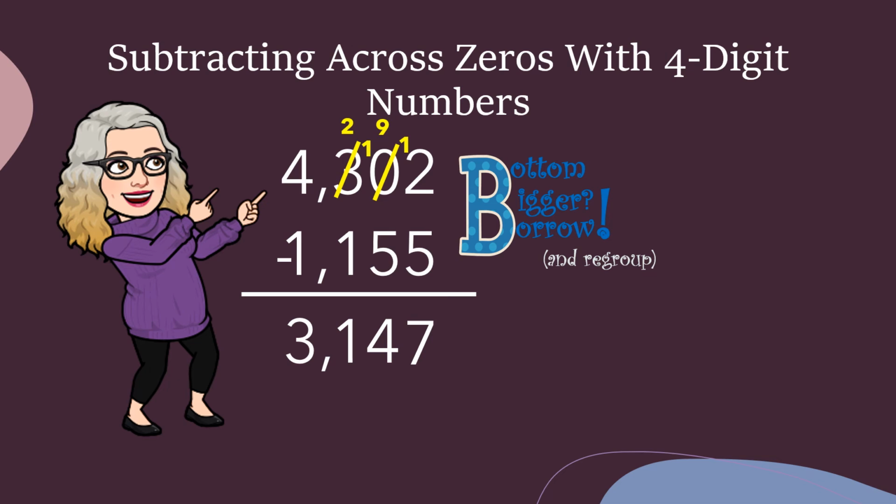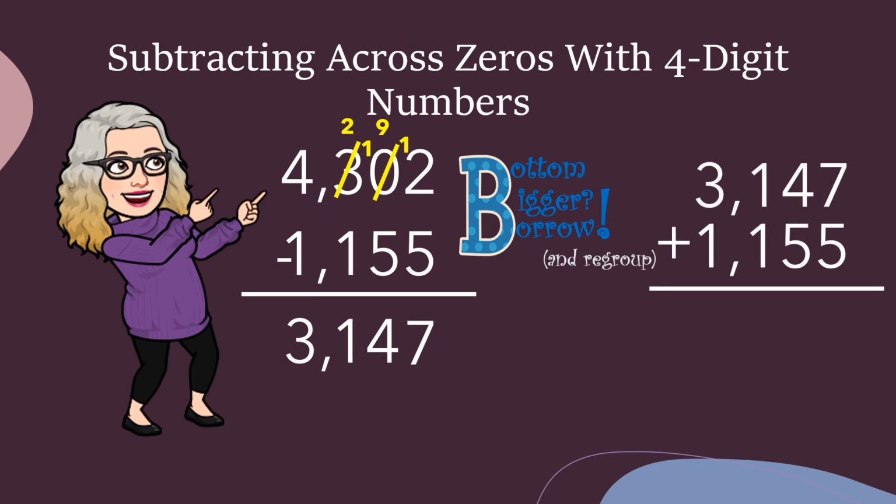But let's check that with addition. Remember, if I can subtract going down, I can add going up. So 3,147 plus 1,155. And if we did our work correctly, we should get 4,302. Let's check it out. 7 plus 5 equals 12.